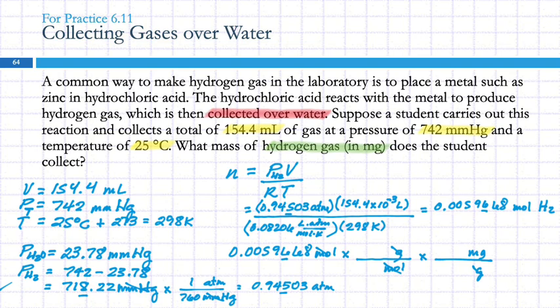So on the periodic table, we see that the molar mass of hydrogen atoms is 1.008. So H2 is 2.016. And over here, milli stands for 10 to the minus 3. So that goes on the other side of the line. 1 milligram is 1 times 10 to the minus 3 grams. And with 3 sig figs, I'm getting 12 milligrams.